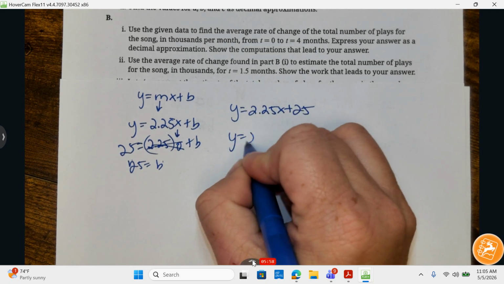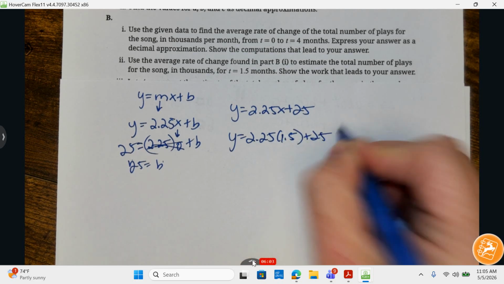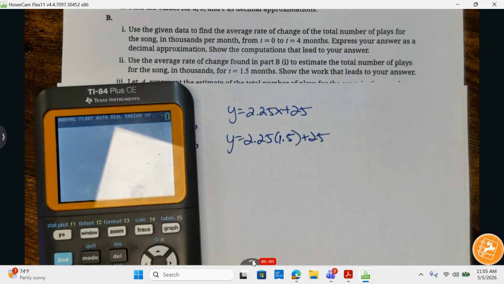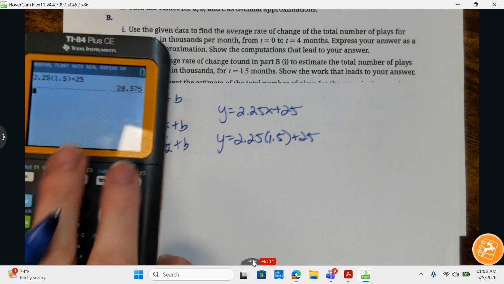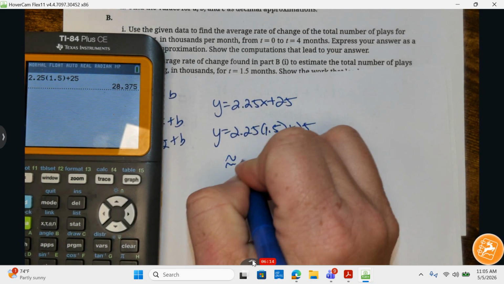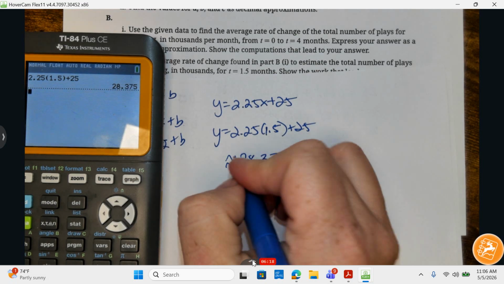So I'm going to replace my x right now with 1.5, and I'm going to grab a calculator. 2.25 times 1.5, making sure to have this down, plus 25, and there we go. Okay, so this is approximately 28 point, maybe that is exact. That appears to be exact.